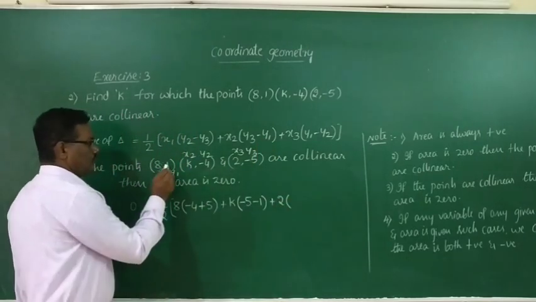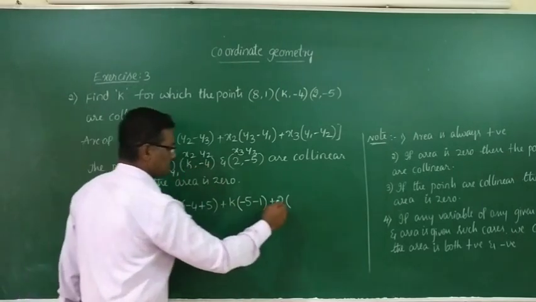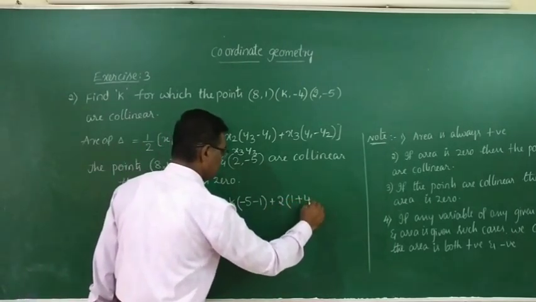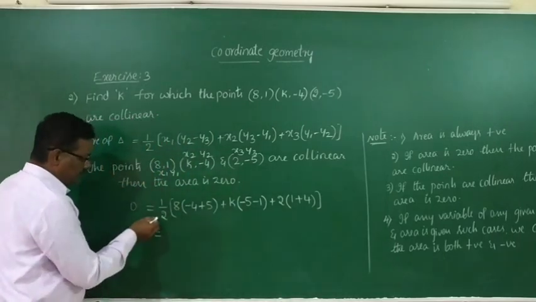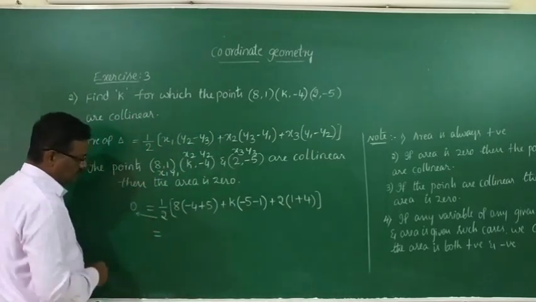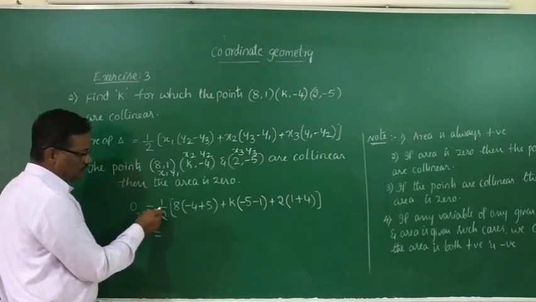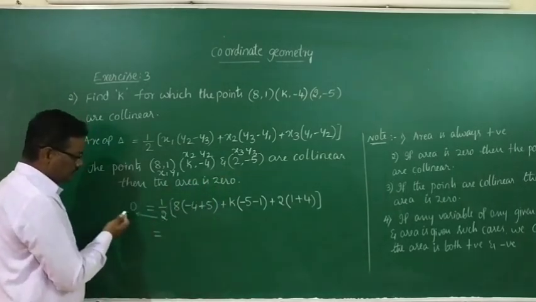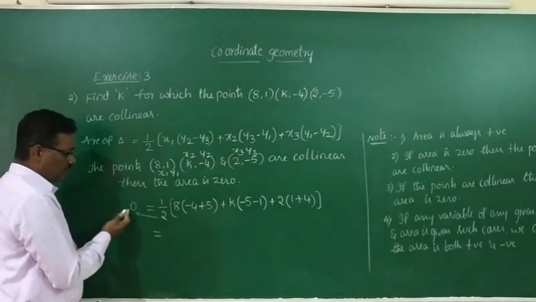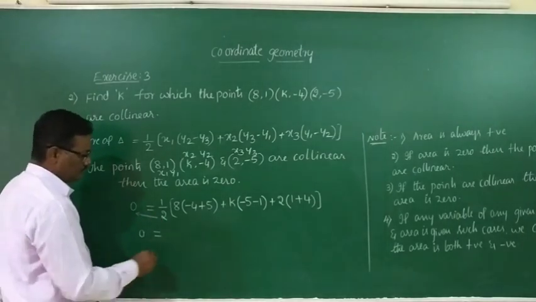1 minus of minus 4, 1 plus 4. By transposing this half, because it belongs to the whole thing, in such cases we have to transpose. So 2 multiplied with 0 becomes 0.